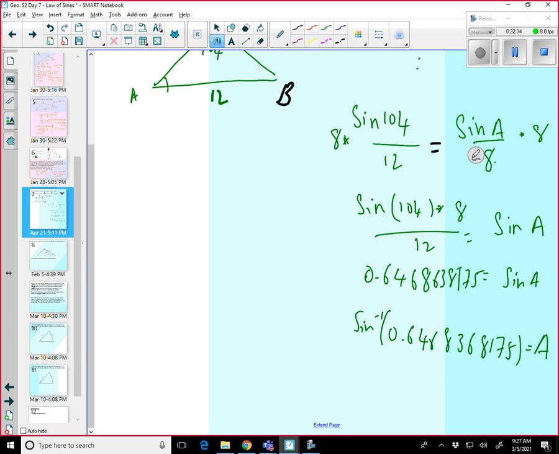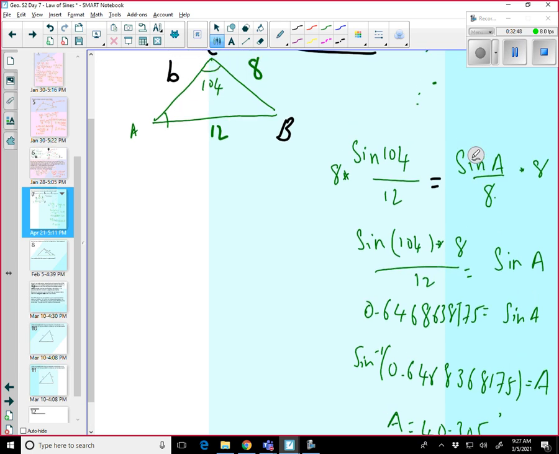I substitute that in the calculator and I'll get 40.305. Angle A equals 40.305 degrees. Now I can get angle B as well.